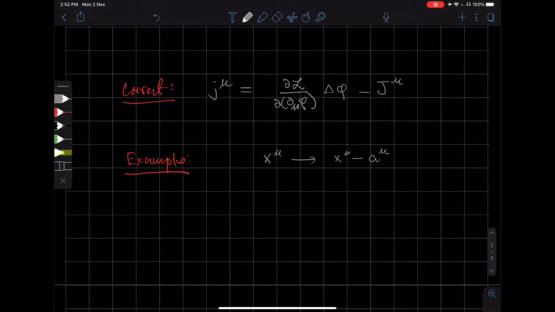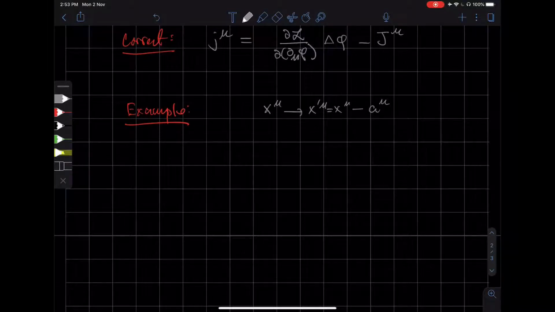We can call this new coordinate x prime mu. Then it follows that the classical field phi of x changes to phi prime.